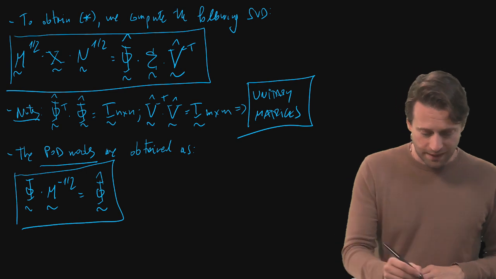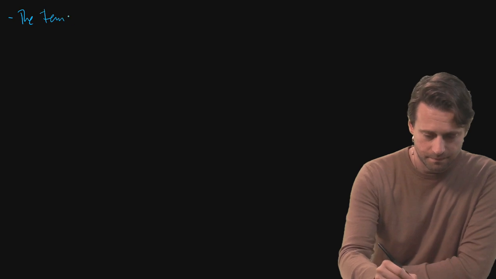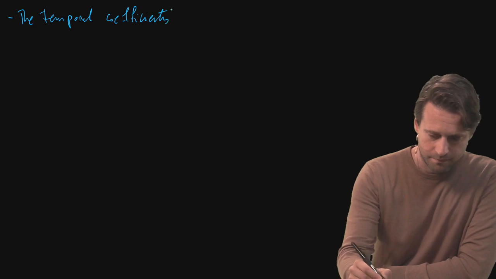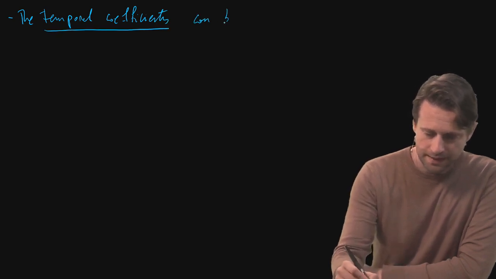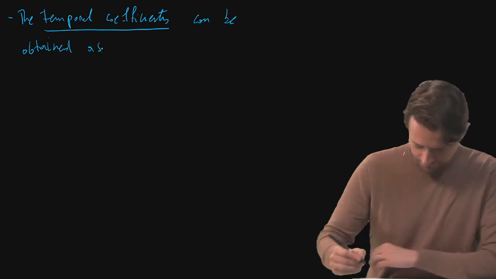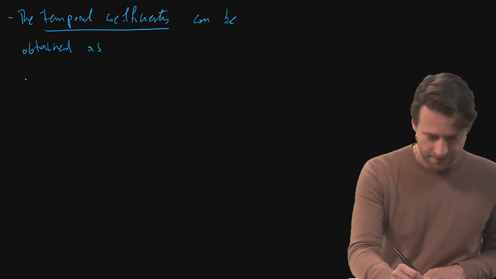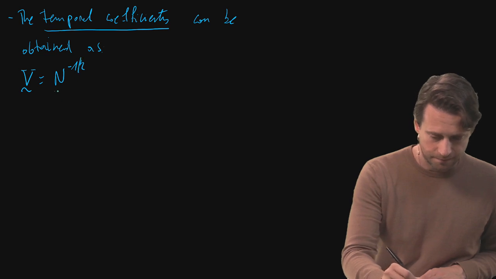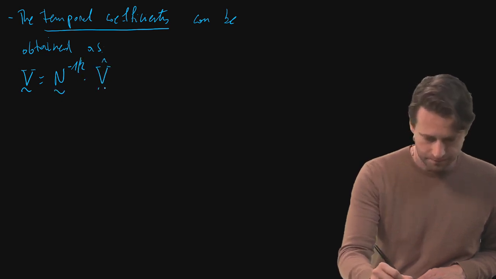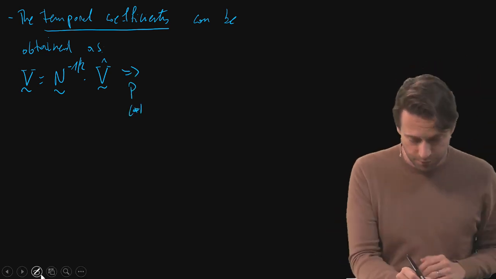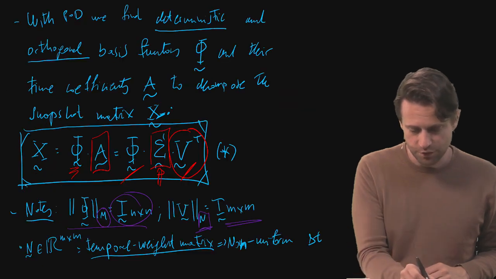The temporal coefficients, on the other hand, let's go to the next page. The temporal coefficients can be obtained as follows. We have V is equal to N to the minus 1/2 times V hat, which means that using equation star, remember that equation star was in the previous page, this is equation star that we're going to use.